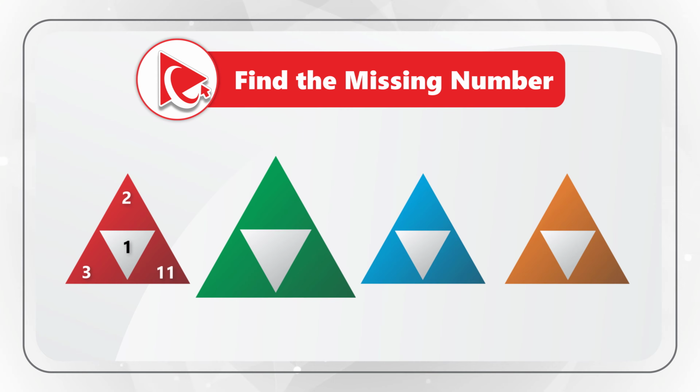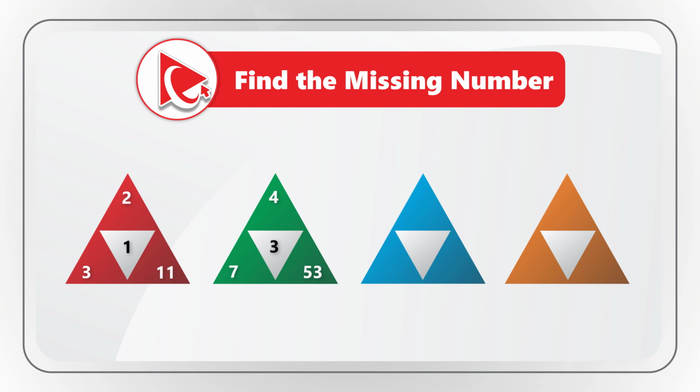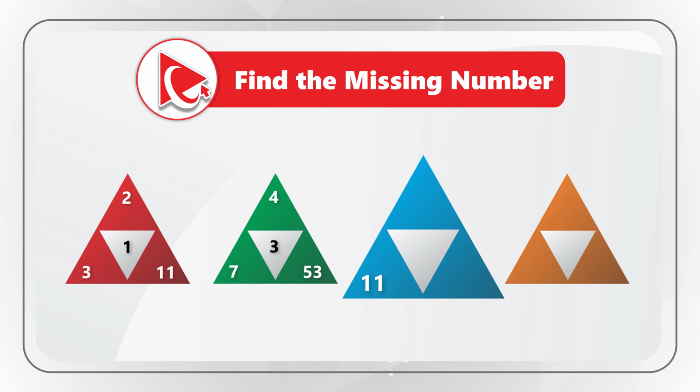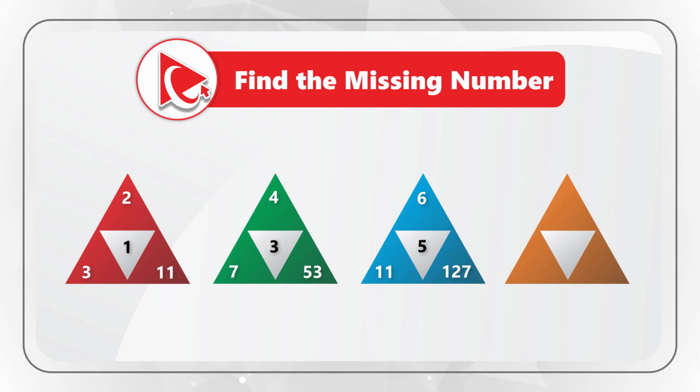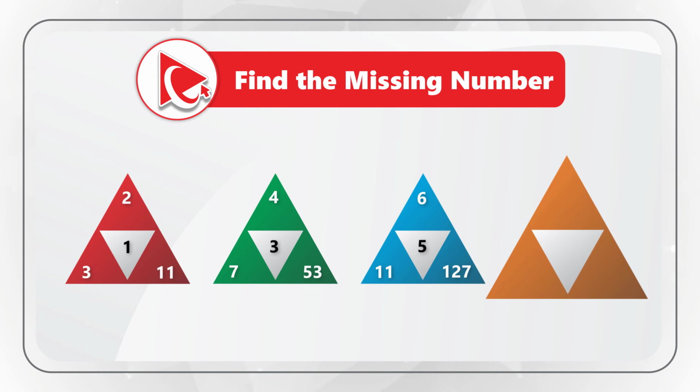The second triangle has numbers 7, 4, 53, and then number 5 in the middle. The third triangle has numbers 11, 6, 127, and number 5 in the middle. And then there is a fourth triangle which has the missing number, but also has numbers 15, 8, and 7.